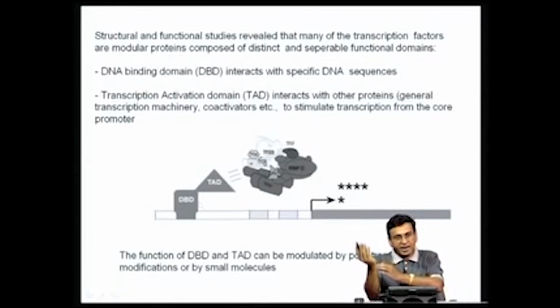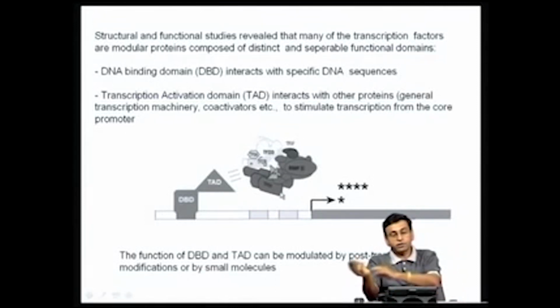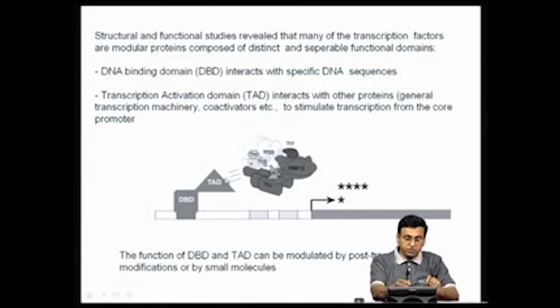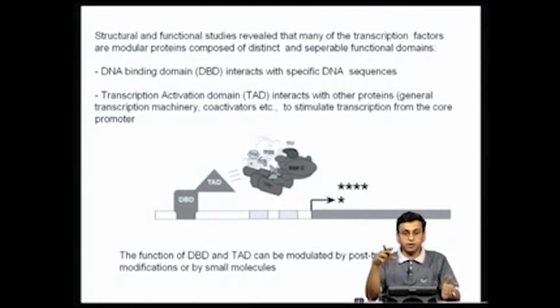But if a kinase phosphorylates the transcription activation domain, the transcription factor becomes transcriptionally active, and it can interact with the general transcription machinery and activate transcription. So in this case, phosphorylation of a specific amino acid residue in the transcription activation domain is the mechanism by which the activity of that particular gene is modulated. Phosphorylation, a post translational modification, is the major regulatory mechanism in this example.